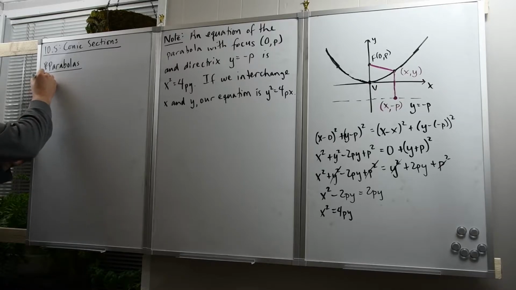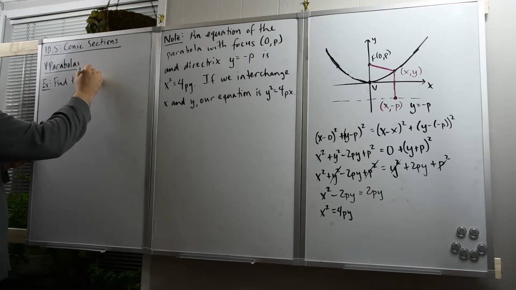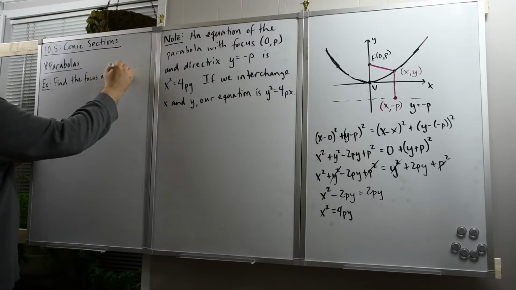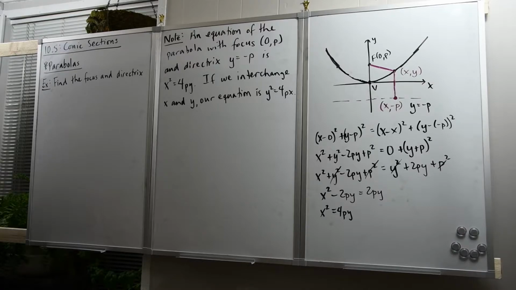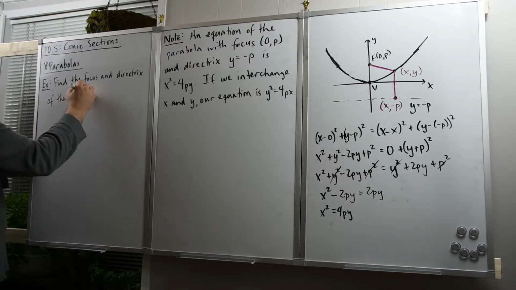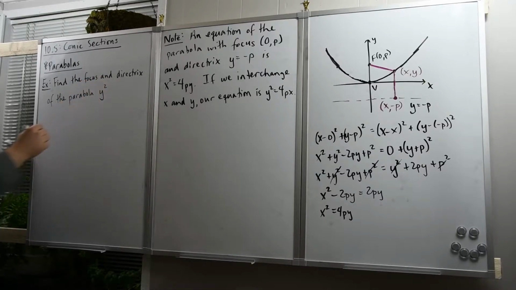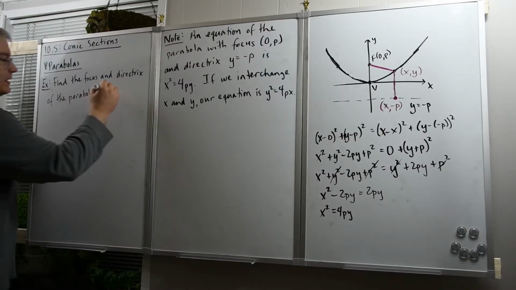But we'll look at finding the focus and directrix. Find the focus and directrix of the parabola y squared plus 10x is equal to 0.